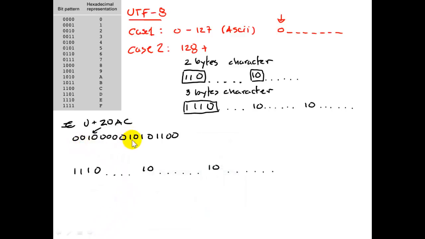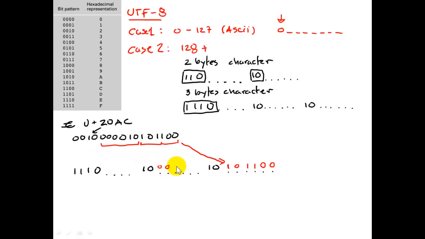Now I'm going to revert back to red. Okay, and the way that the data gets encoded is you take the last 6 bits and you place them right here. So 1, 0, 1, 1, 0, 0. And then you take the next 6 bits, which are 0, 0, 0, 0, 1, 0.